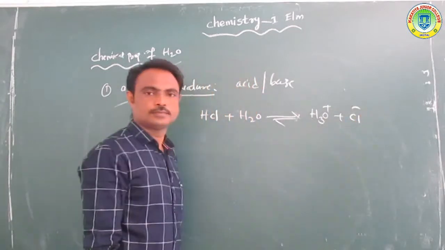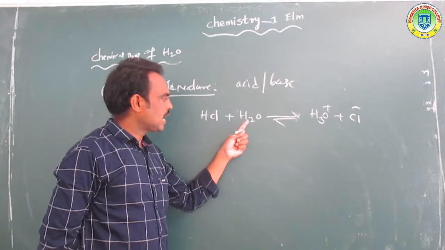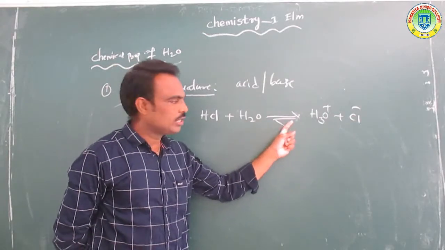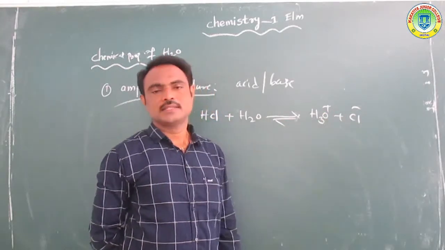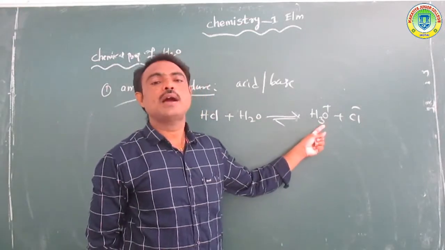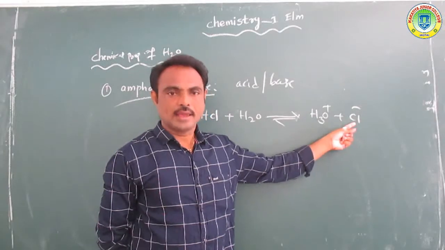HCl reacts with the water molecule to form H3O+ and Cl-. H3O+ means hydronium ion, and Cl- means chloride ion.